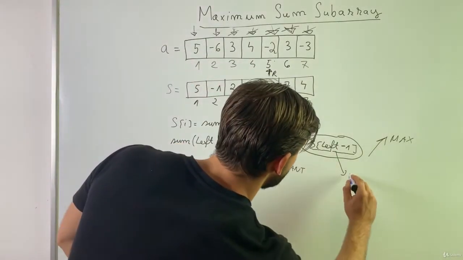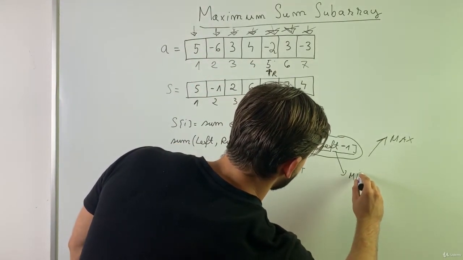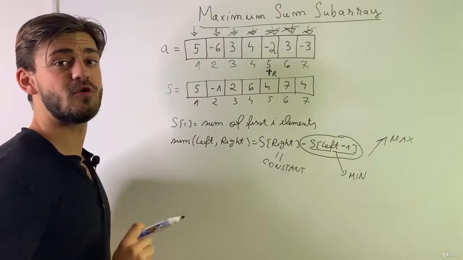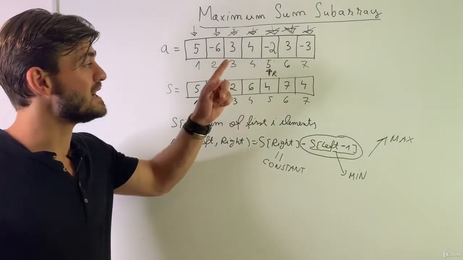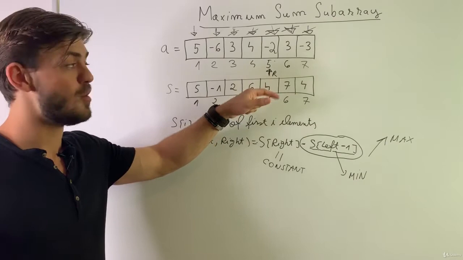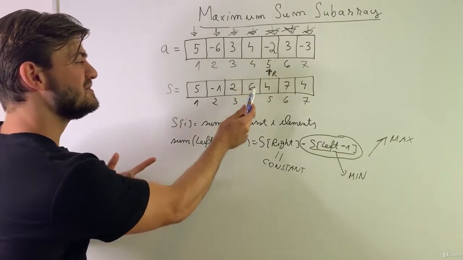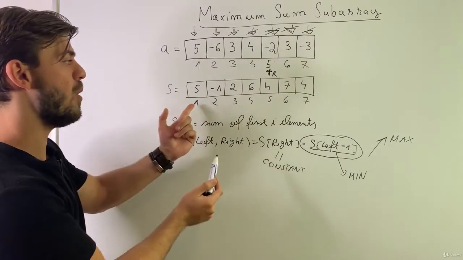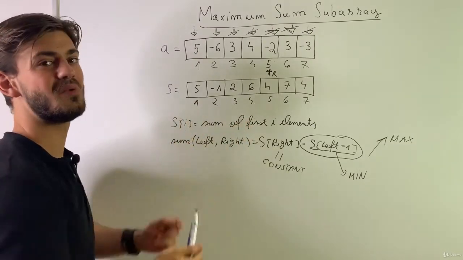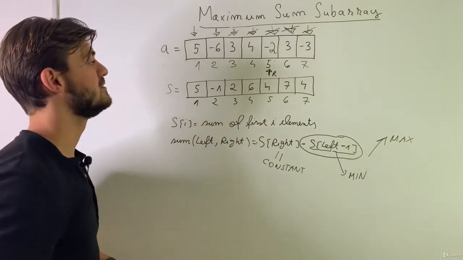So this should be minimum. So the only information that I need to know is for each right pointer, what is the minimum of those sums from 1 to right minus 1. Okay? Let's take a look at the example.